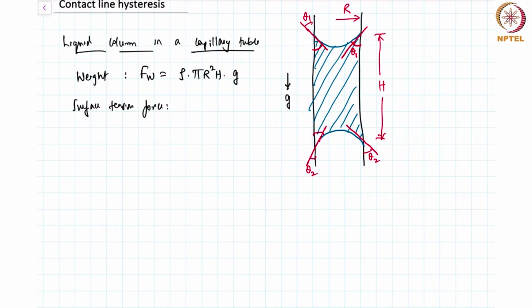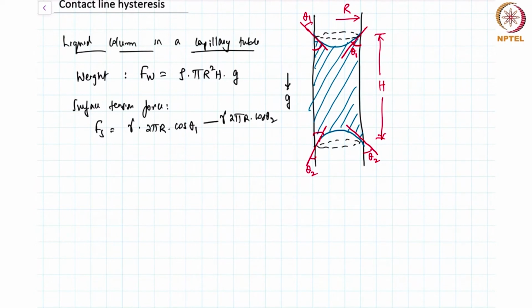There are two components to the surface tension force. The upper force would be surface tension gamma going all around the contact line, because the contact line is a circle here. The upper one would be gamma times 2 pi r times cosine of theta 1, and the lower one is gamma times 2 pi r times cosine of theta 2, but the lower one is negative, so I have a minus sign between the two.